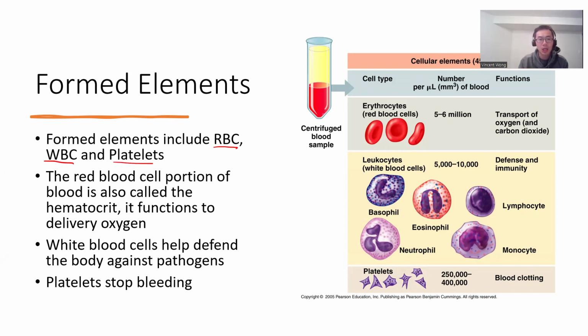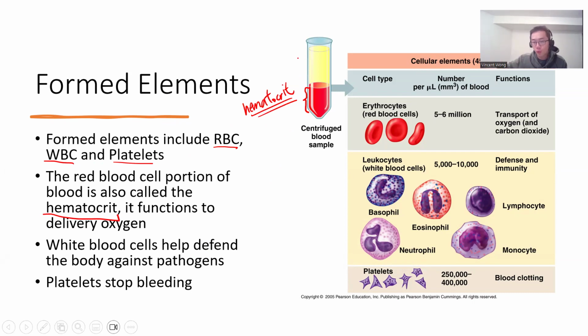Because there's a lot of red cells in the formed elements, we actually give it a special name. This whole part, all the red cells collectively, is called the hematocrit. And that's all the red cells.